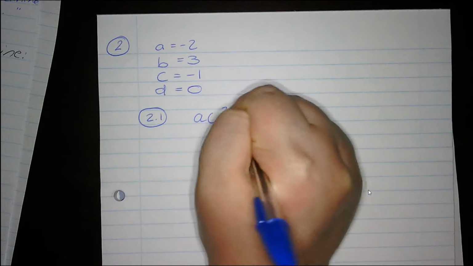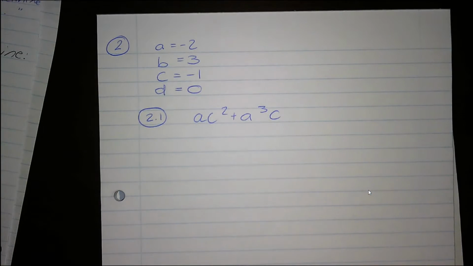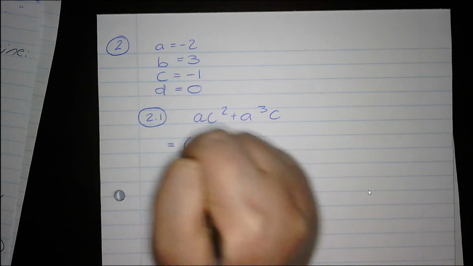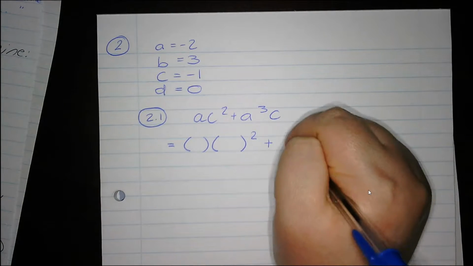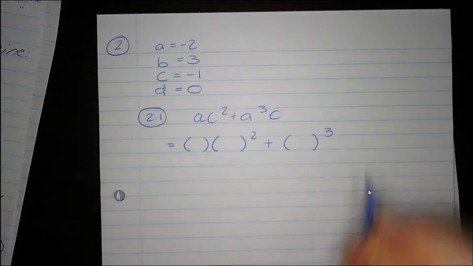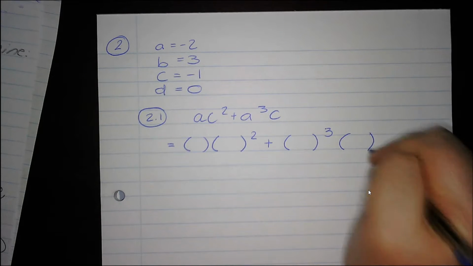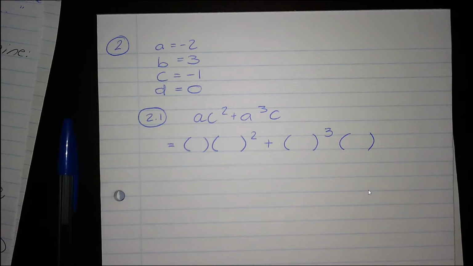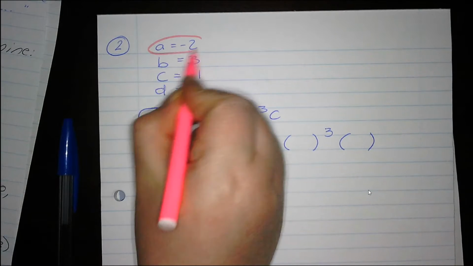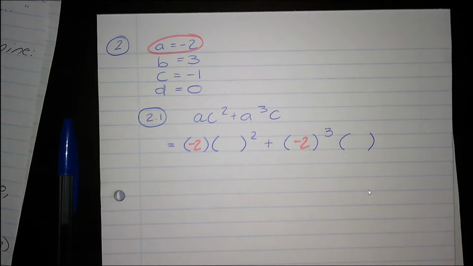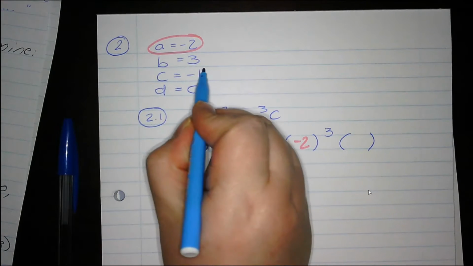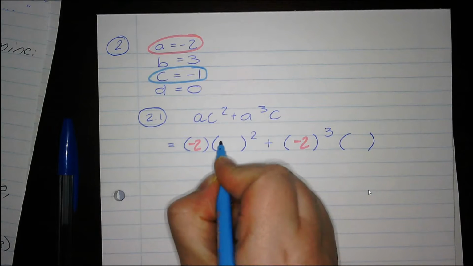AC squared plus A cubed C. C was squared, plus a was cubed, and c. In the place of a, I'm going to put -2, and in the place of c, I'm going to put -1.